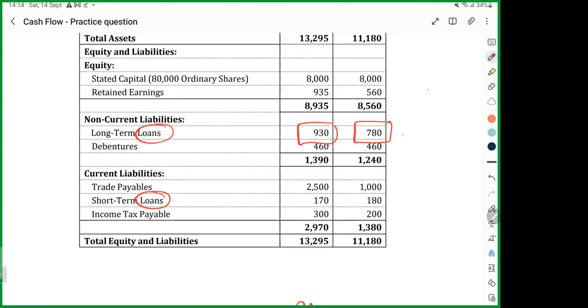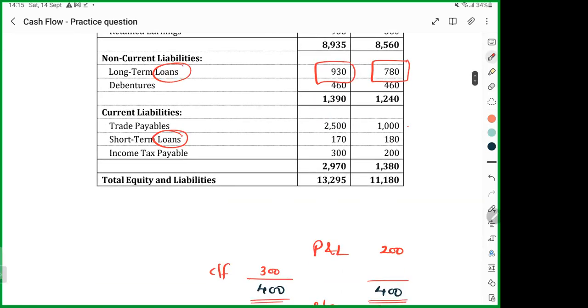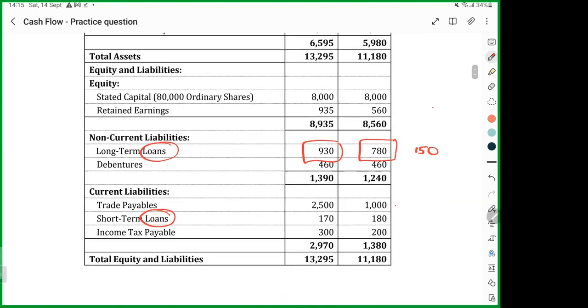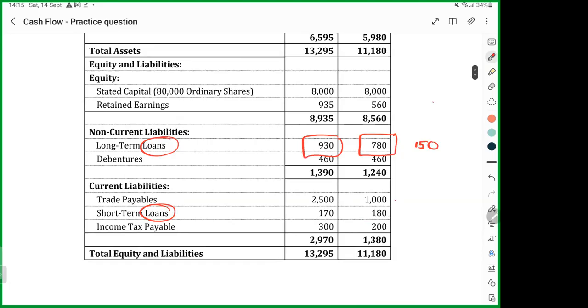How much? 150. Short-term loans decrease by 10.